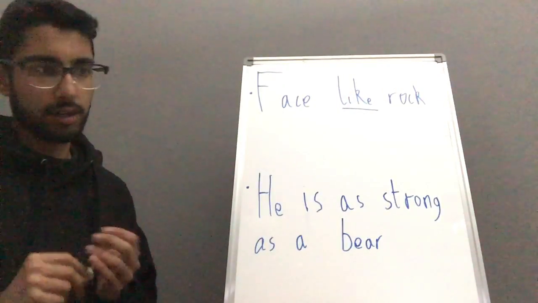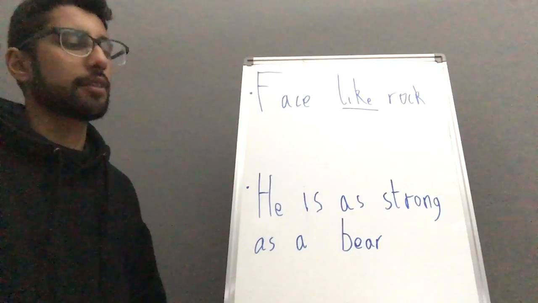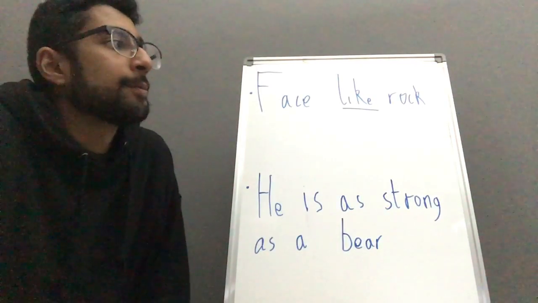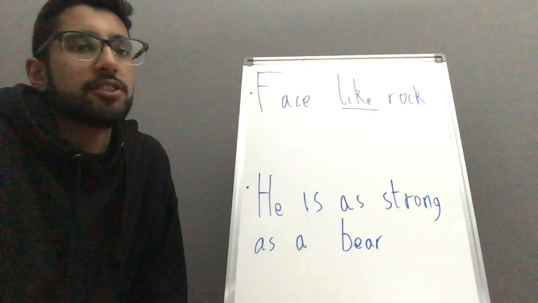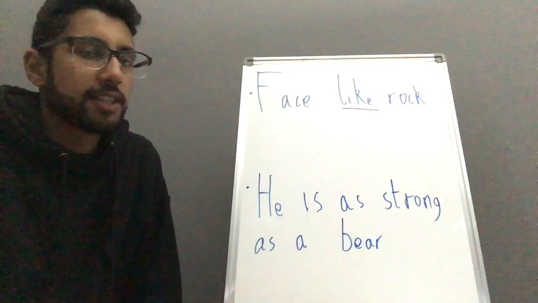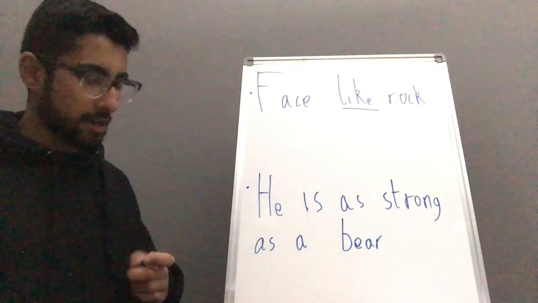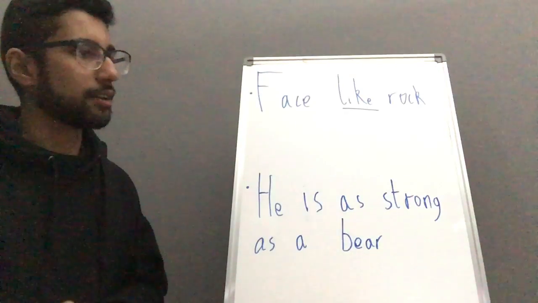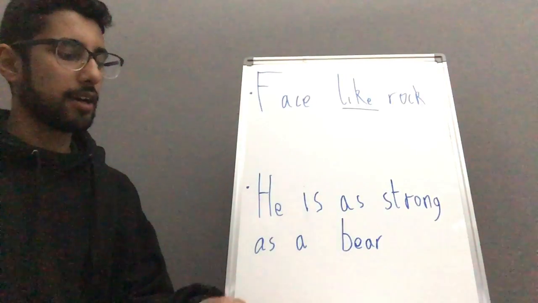In the example descriptions I gave you, in Rudyard Kipling's, he said Bagheera was as reckless as an injured elephant. So an injured elephant with a lot of power, a lot of strength, if it's injured, would obviously be very angry, be very reckless. So he is as reckless as the injured elephant.